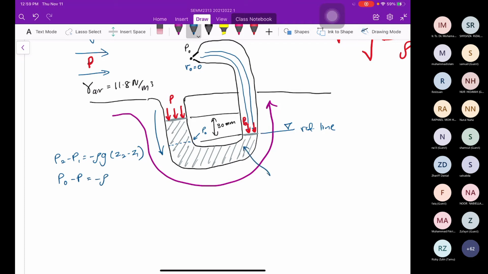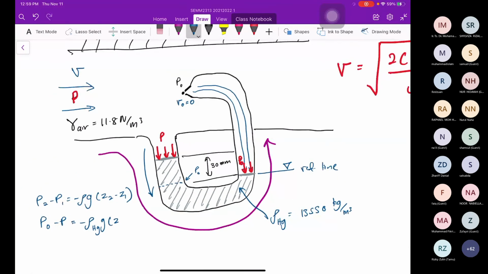Rho of mercury is given by 13550 kilogram per meter cubic. So rho of mercury, gravity, Z. Where is Z2? Z2 is not, minus Z.